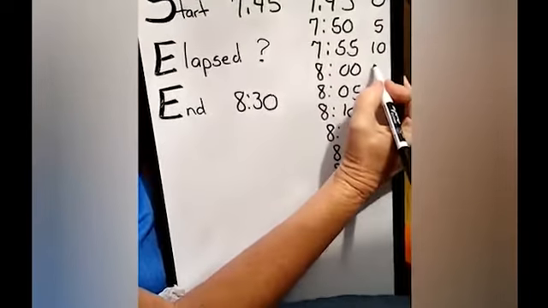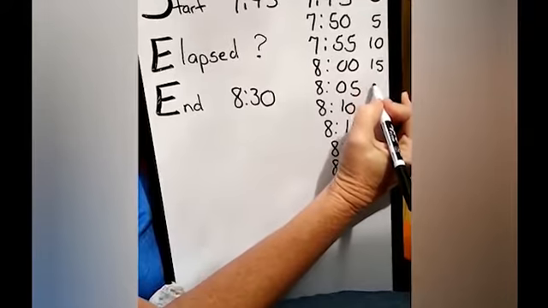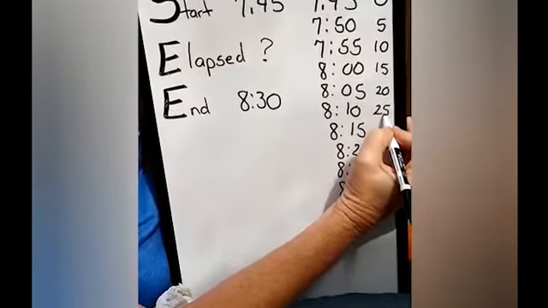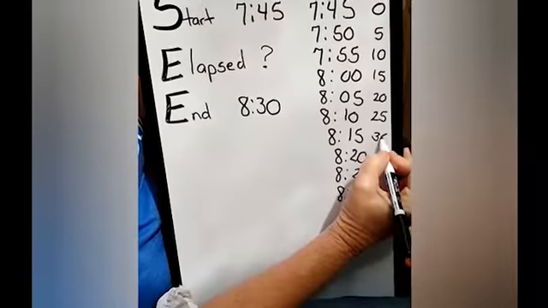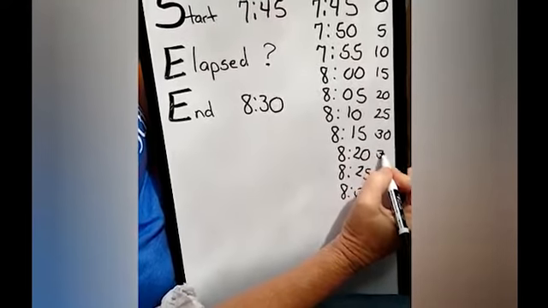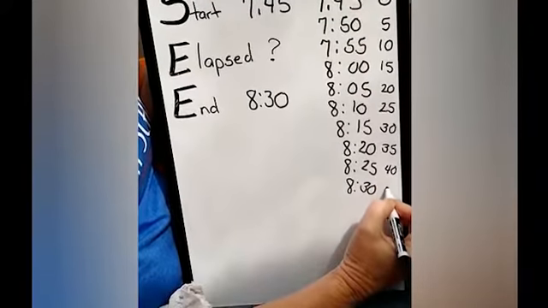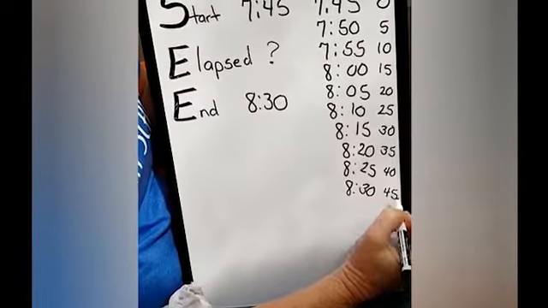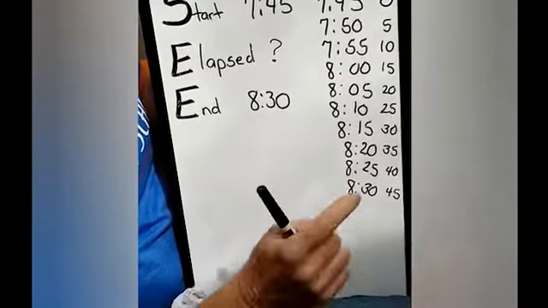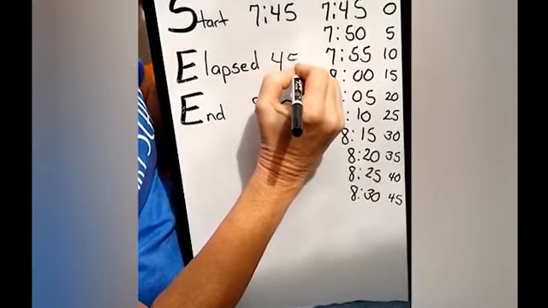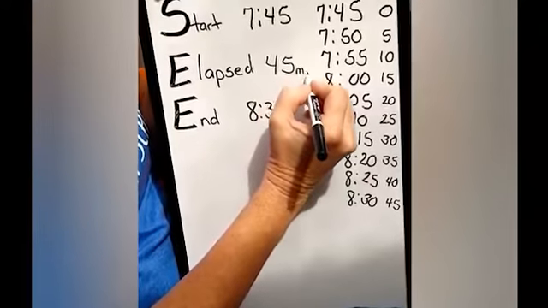You guessed it. There's 15 minutes, 20 minutes, 25 minutes, 30 minutes, 35 minutes, 40, 45 minutes. So James thinks that Megan read for 45 minutes.